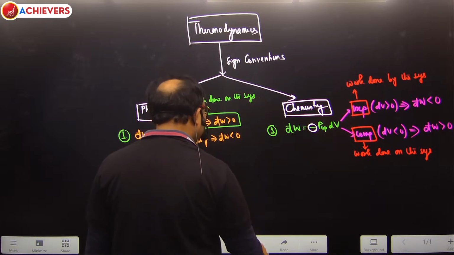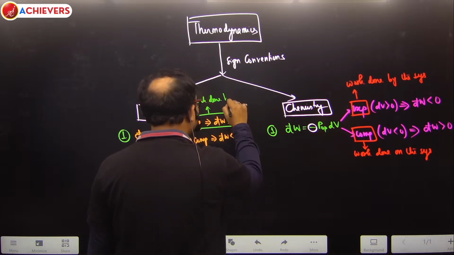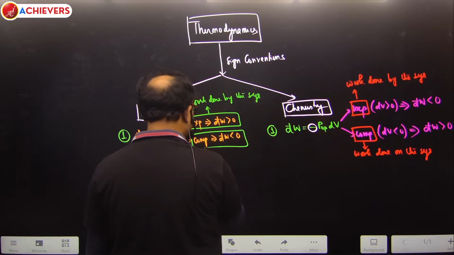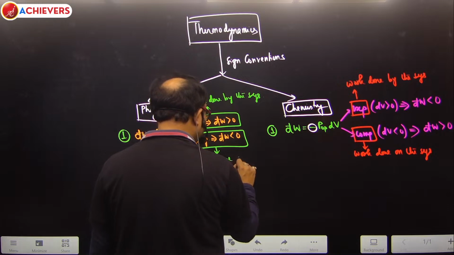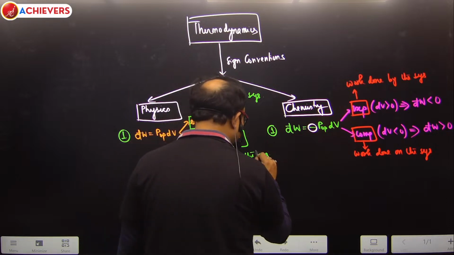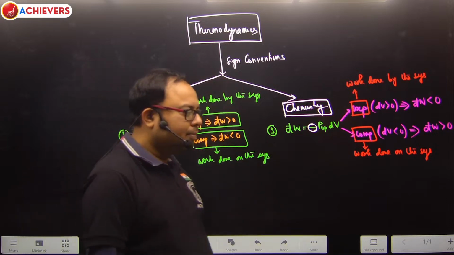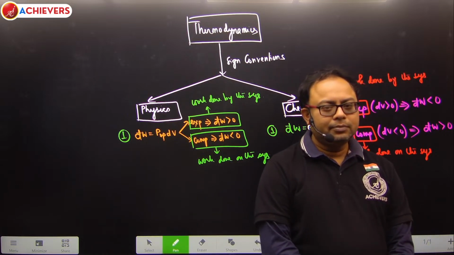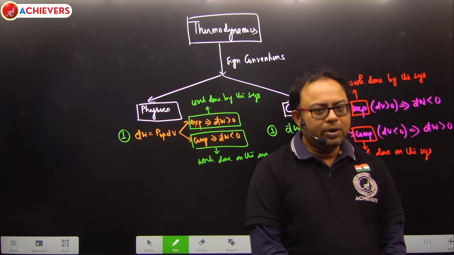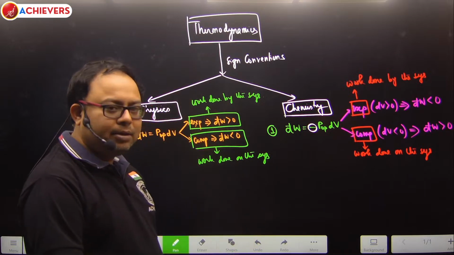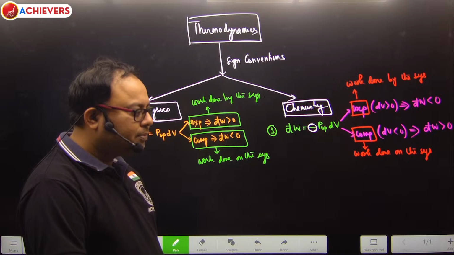Sorry, very sorry, work done by the system, it's positive, and work done on the system is negative. Okay. This is the first thing, first point of difference.